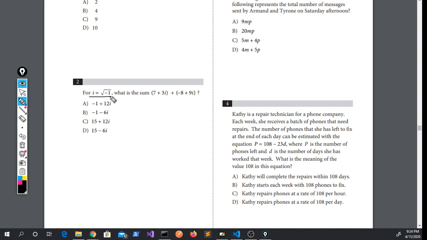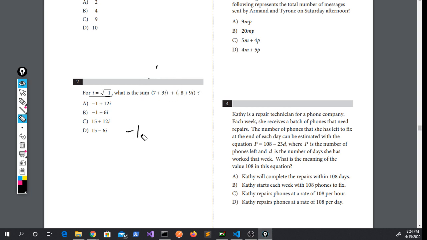Okay, i is an imaginary term, right? So it doesn't combine with an integer. For example, if you do i plus 3, it's just going to be i plus 3. So when you do this, you got to pair these guys and pair these guys. So you're going to get negative 1, negative 3, plus 3.